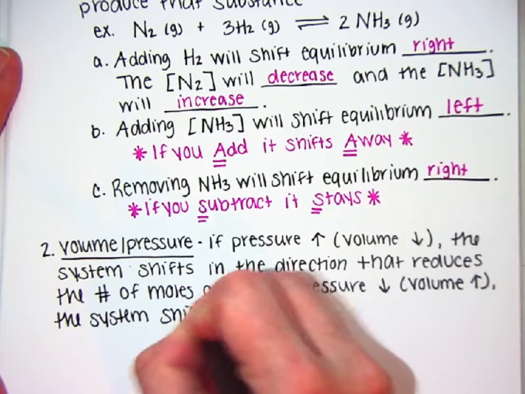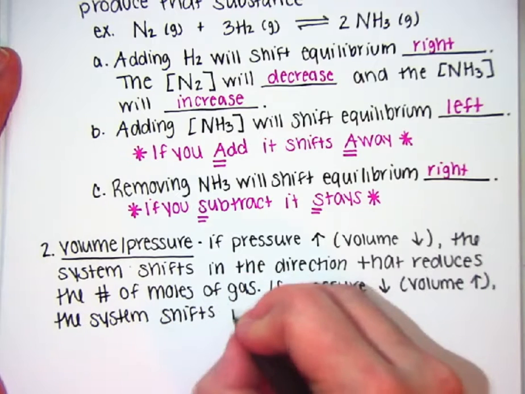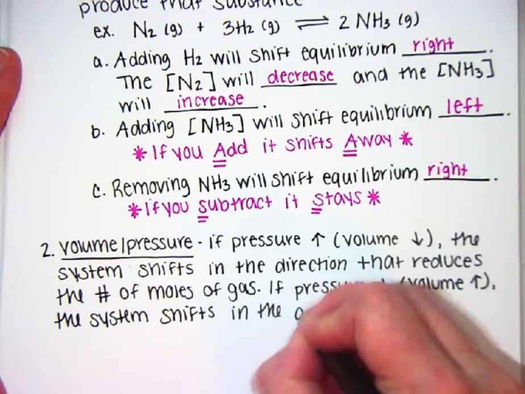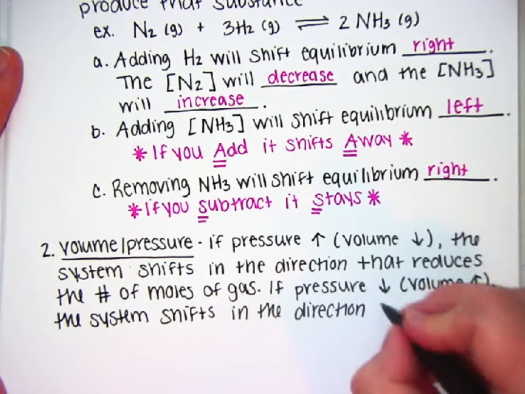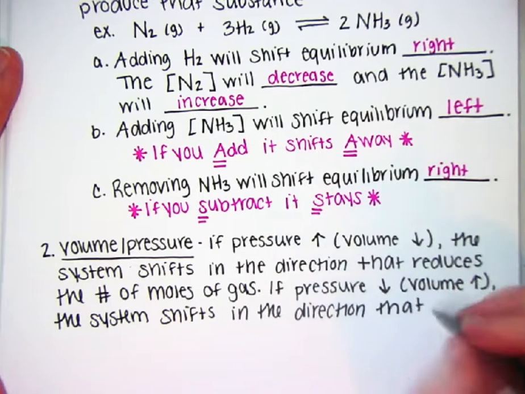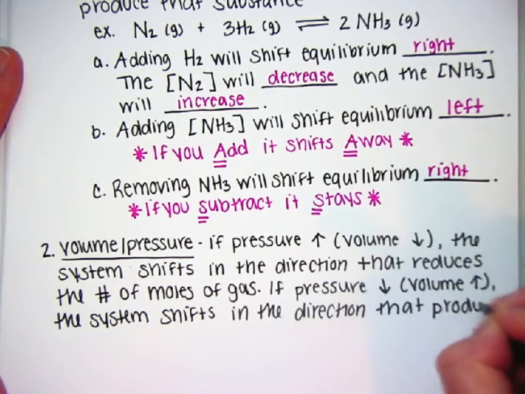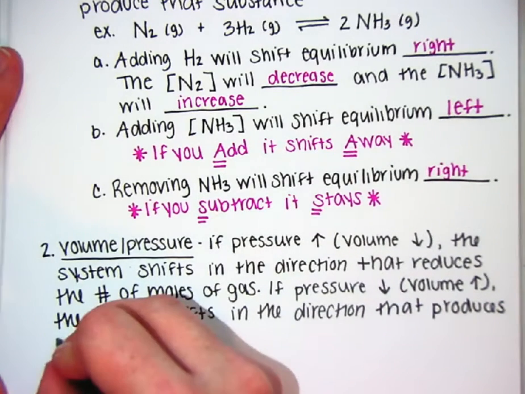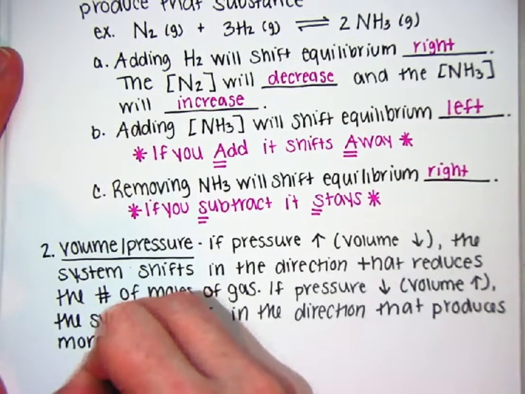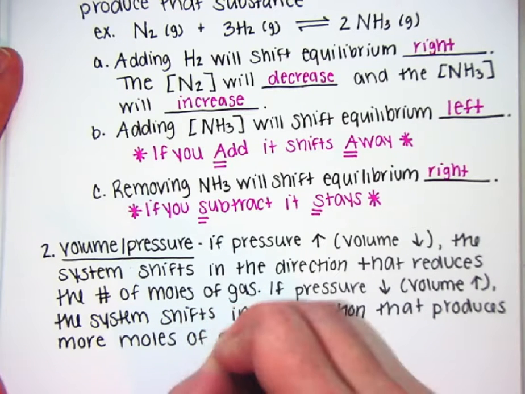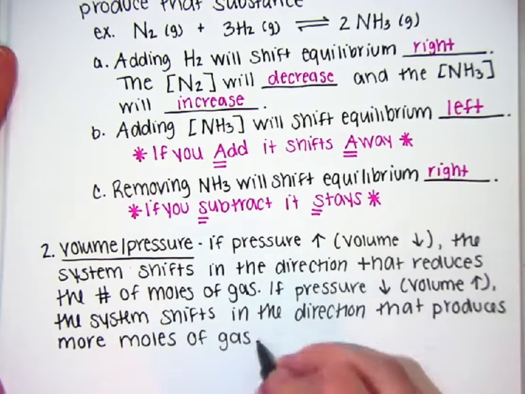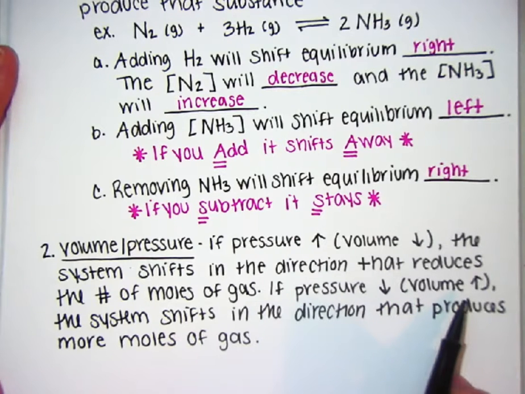The system shifts in the direction that produces more moles of gas. So now if the volume goes up, we have more space. It can favor the side with more moles of gas.